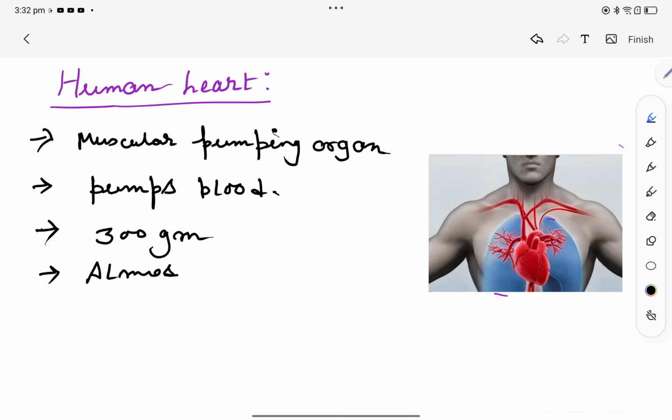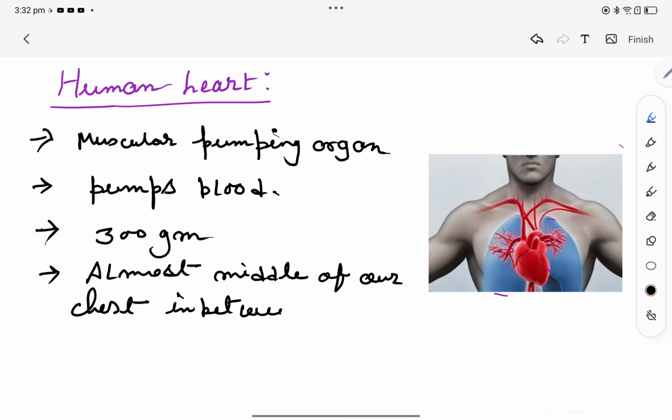Fine. It is located almost in the middle of our chest, in between two lungs, right?